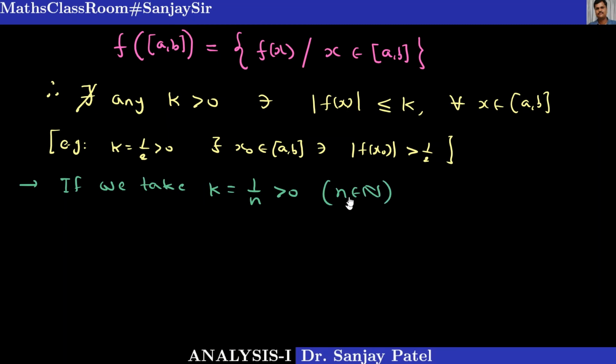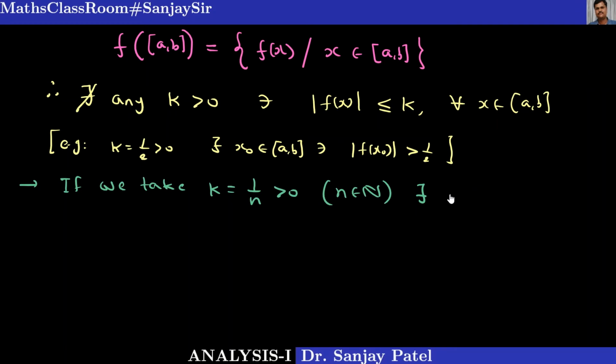For different values of n, you will get different positive real numbers k. Say for n equal to 1, you get k equal to 1. For n equal to 2, you get k equal to 1 by 2. And for each real number k, since this condition is not true, we can always get some point for which mod of f of x is greater than that value of k.